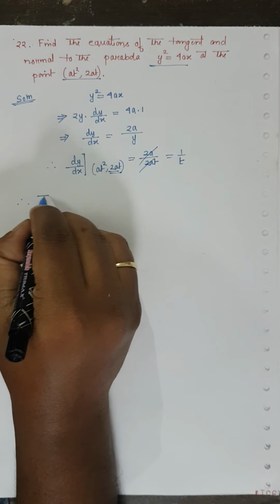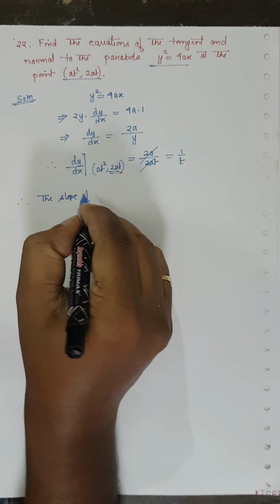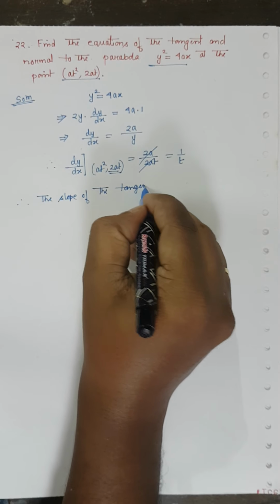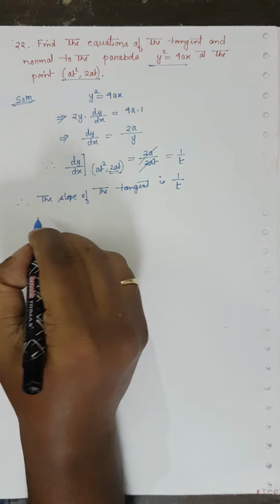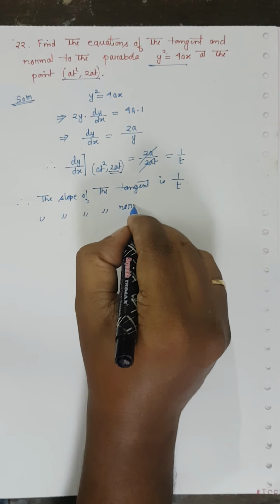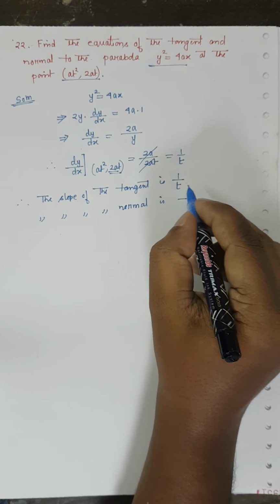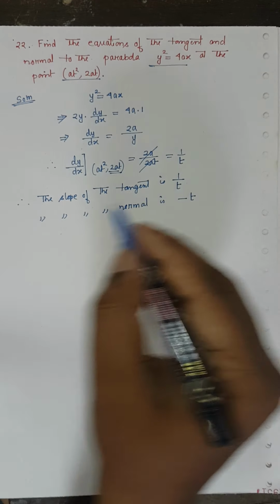Therefore you can say that the slope of the tangent is 1 by t, and the slope of the normal is minus of t, because they are perpendicular, so m1 into m2 is equal to minus 1.